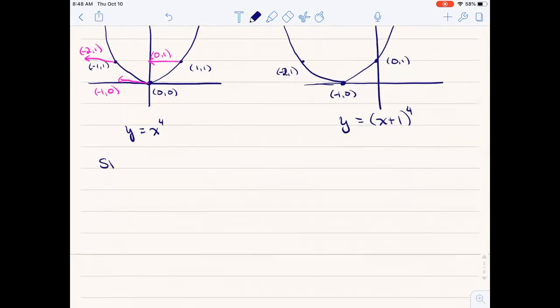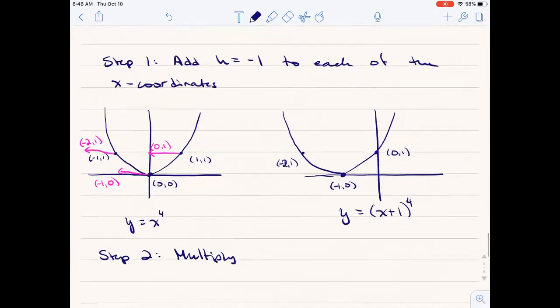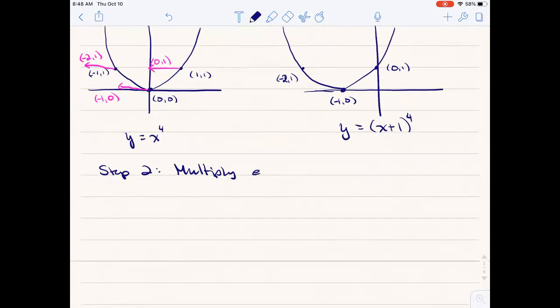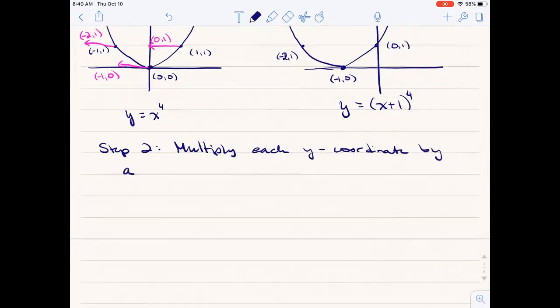Step 2, multiply each y coordinate by a.